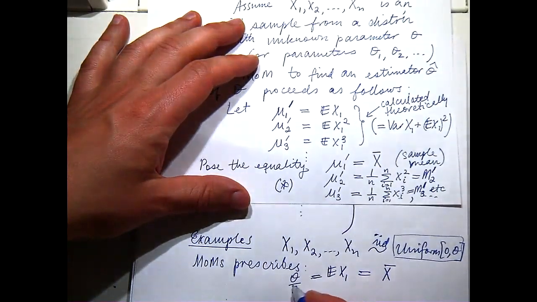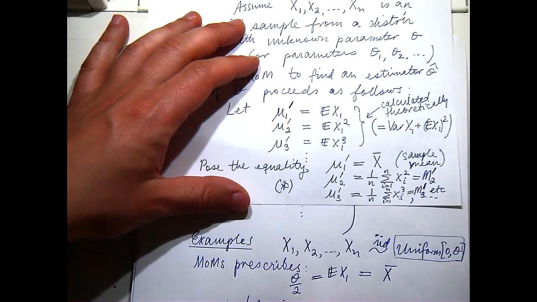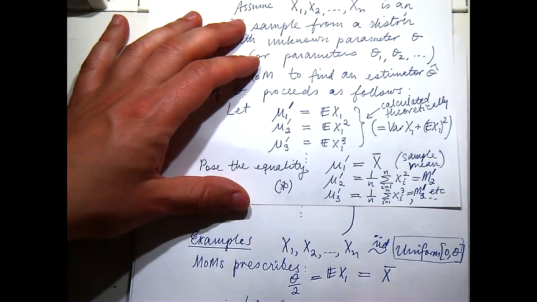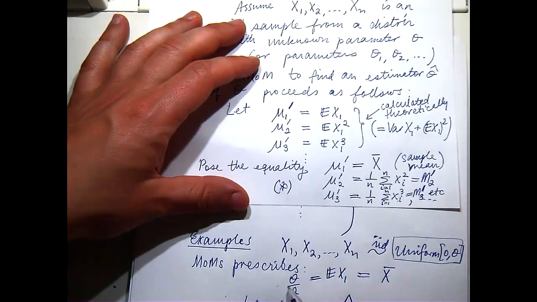So you see, on the left-hand side I get a function of theta, and on the right-hand side I have something of the sample. So the solution is theta. Now, once I pass to the solution, it's sort of a matter of taste. You could put the theta hat already in this equation, but I'm putting the theta hat where I pass to the solution, because to be clear, this is one choice.